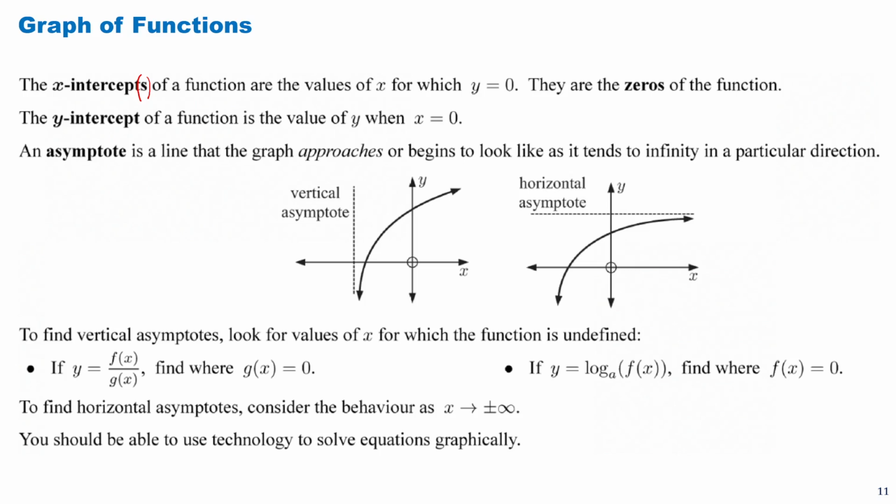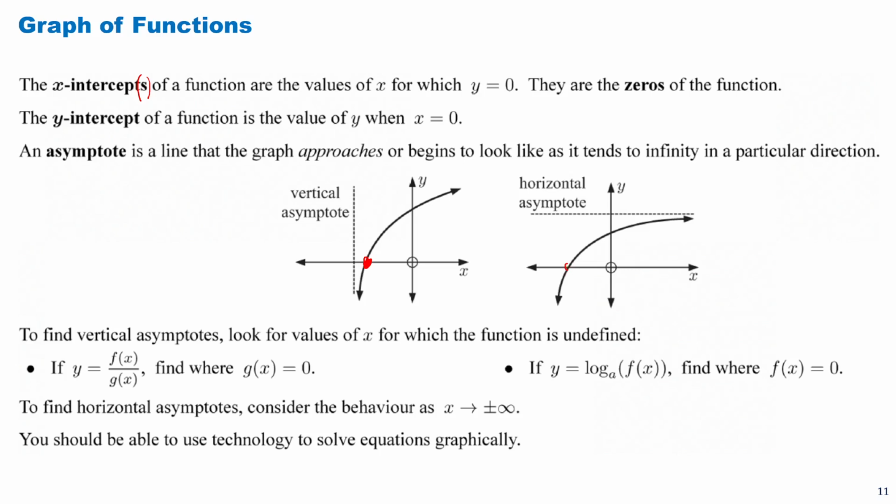The x-intercepts of a function are the values of x for which y equals 0, right? Or in other words, the x-intercepts can also be defined as the points of intersection between this curve and the x-axis, right? For example, this point here is an x-intercept, and this point here is an x-intercept as well.